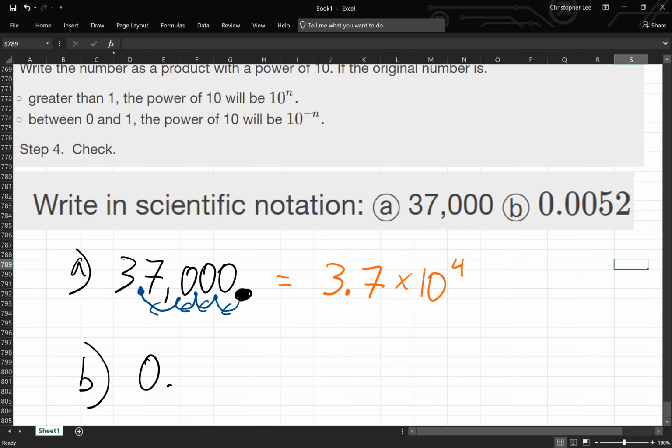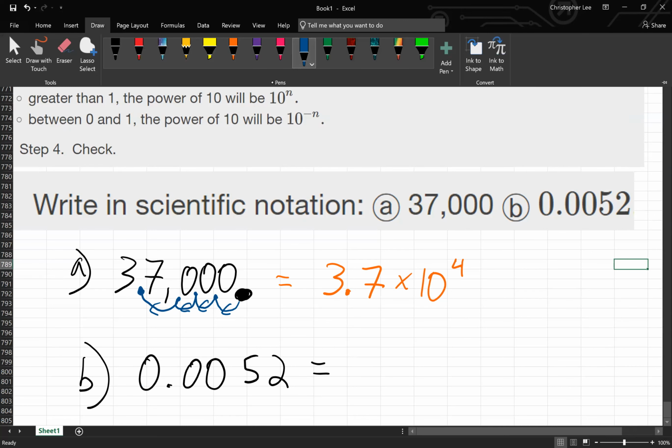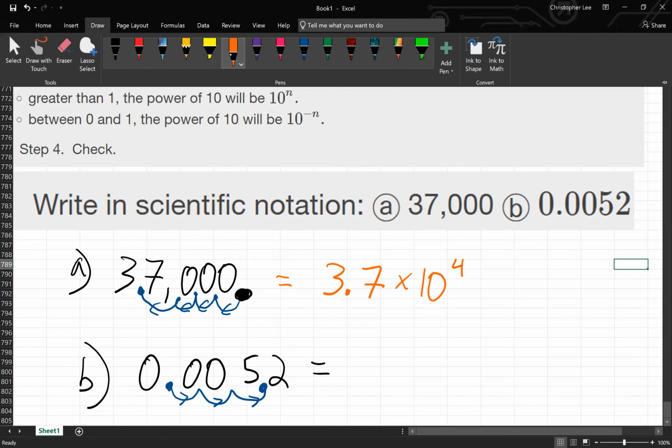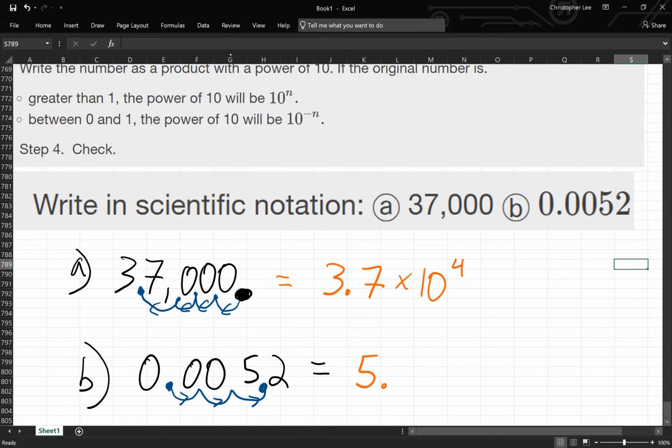So for B, I have 0.0052. I'm going to move this decimal place over right here, 1, 2, 3 times, going this way. So what do I have now? I have 5.2 times 10. Remember, that's the base.